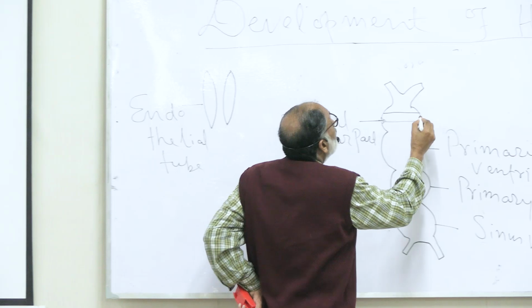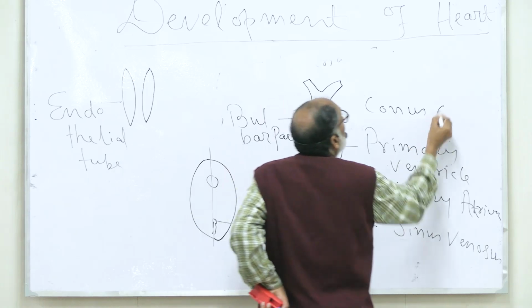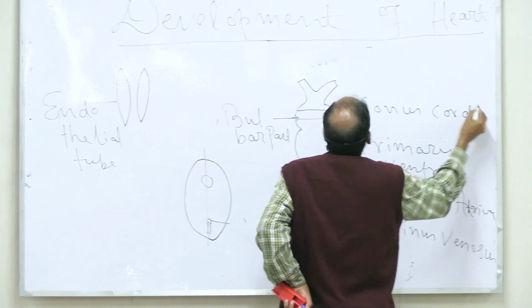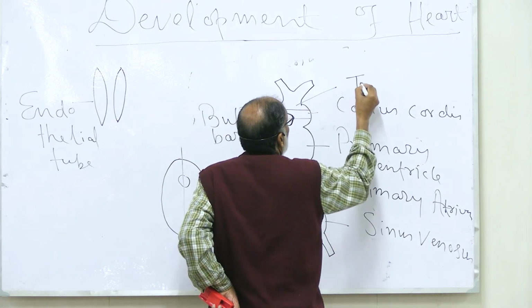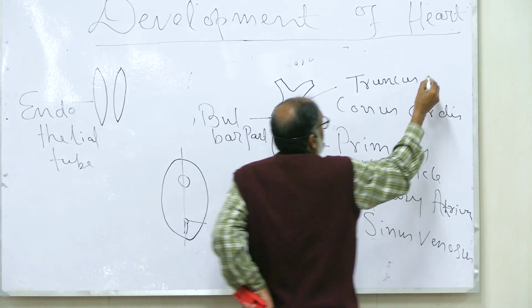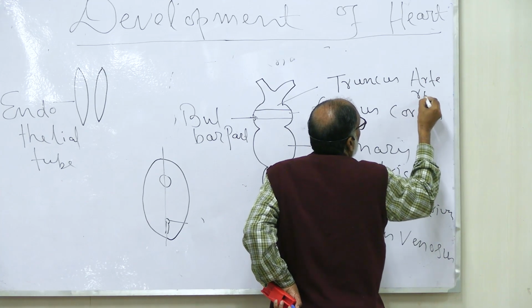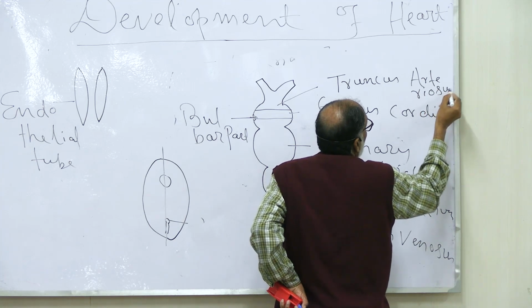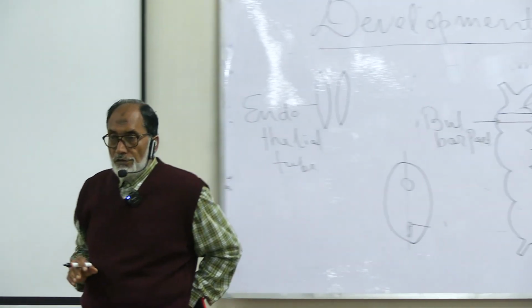The middle third is known as the conus cordis, and the distal part is known as the truncus arteriosus. This is very important, you must memorize it, because everything will develop from here.